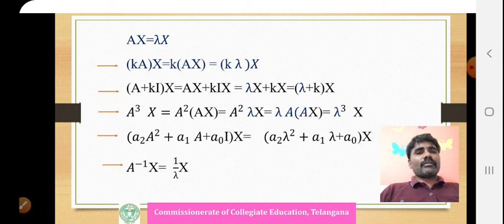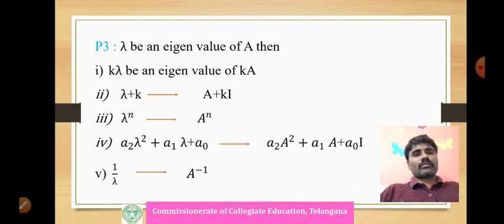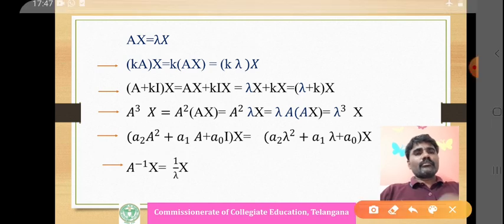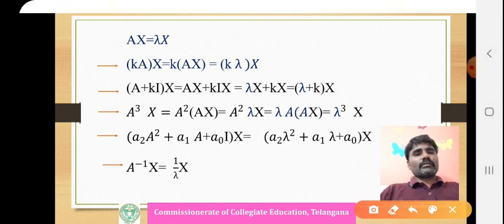We have to find the eigenvalue of A cube. You can consider this one. If you want to find the eigenvalue of A power n, you can use this one. Consider Ax, lambda is the eigenvalue, then Ax equals lambda x.